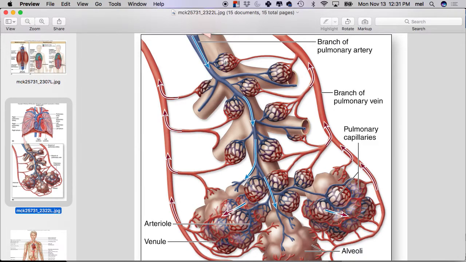And what are you picking up from the alveolus? Oxygen. And as you do that, you, of course, are going to change the color of the blood to bright red, right? And then it's going to go out the other side. Now this nice oxygenated blood is going to go ultimately into a branch of the pulmonary artery, yeah? And then the pulmonary artery is going to come back to where?